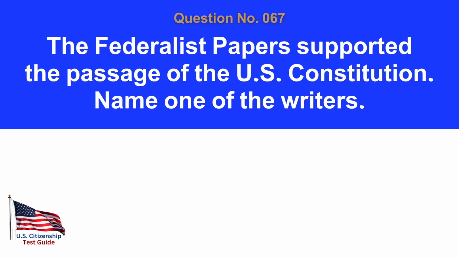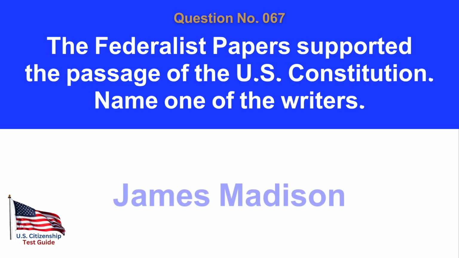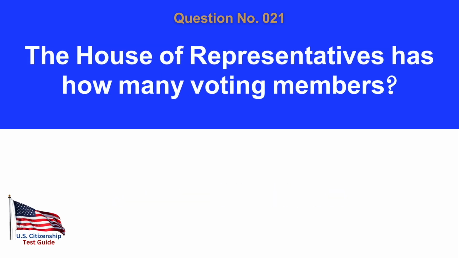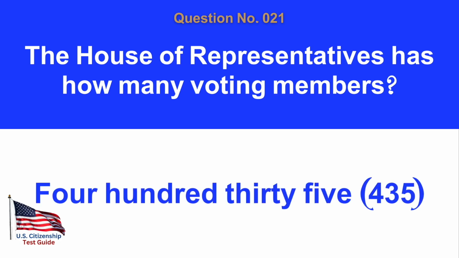Name one of the writers. James Madison. The House of Representatives has how many voting members? 435.